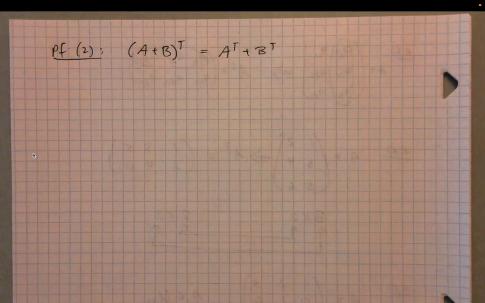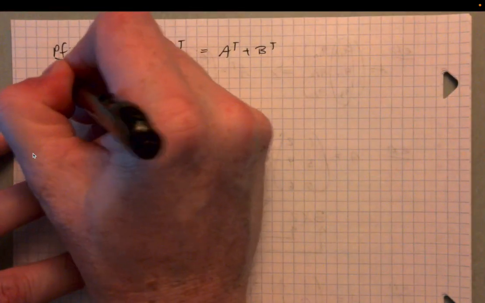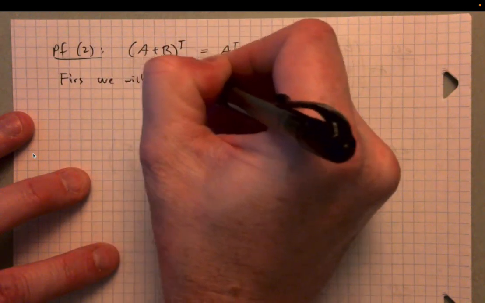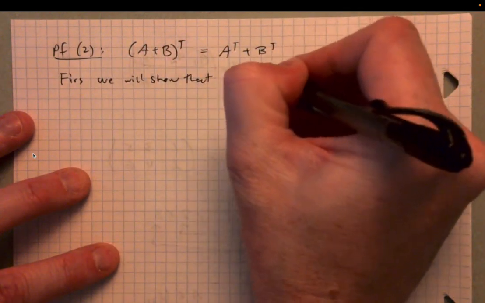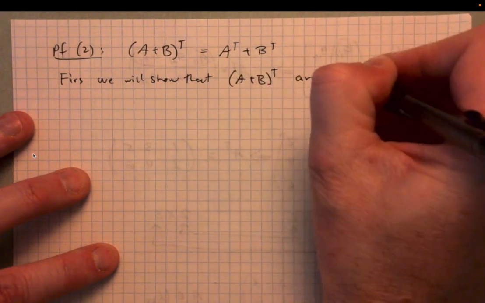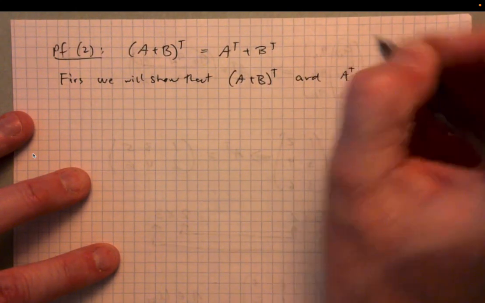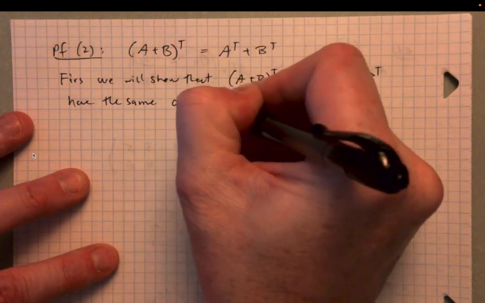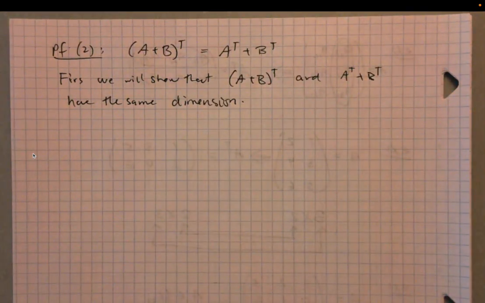First, we will show that (A plus B) transpose and A transpose plus B transpose have the same dimension. They need to have the same dimension if they're equal, right? So that's the first thing to show. And then secondarily, we'll talk about the ij entry.